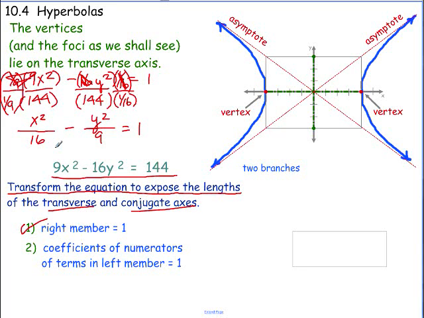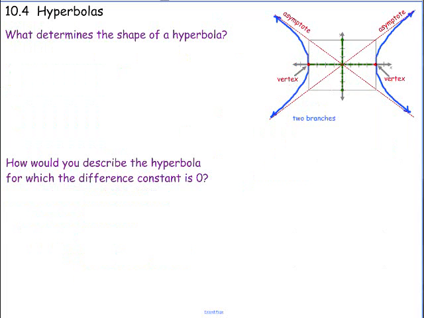Very much like it did, in fact, exactly like it did with the ellipse. This is the same as 4 squared. This is the same as 3 squared. And please notice my x from the center, 1, 2, 3, 4, and my y from the center, 1, 2, 3. What determines the shape of the hyperbola?